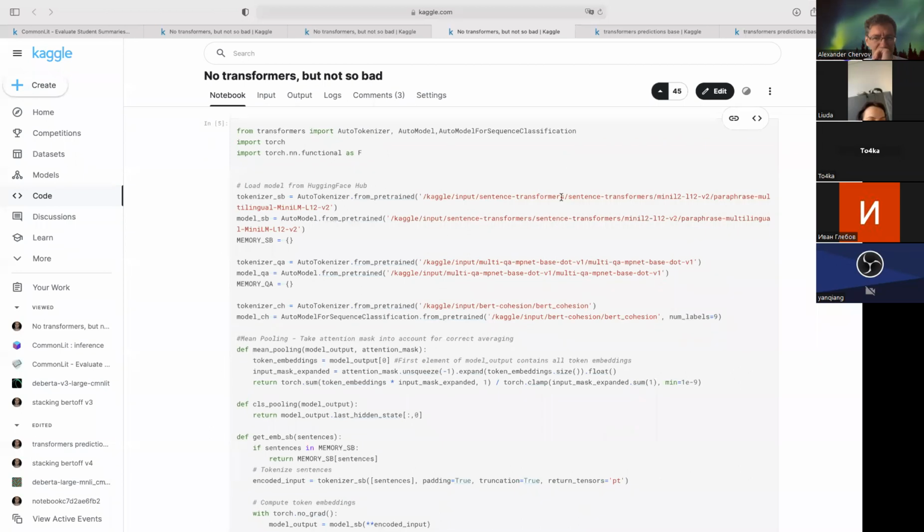Okay, yeah, I use the sentence transformer named MiniLM-L12-v2, and actually, sentence transformers has a much more popular model, which has an output embedding size of 384. But in this version of my notebook, I used a bigger model, which has the output embedding size typical for transformer models. You say 768? Yes, 768, I suppose.